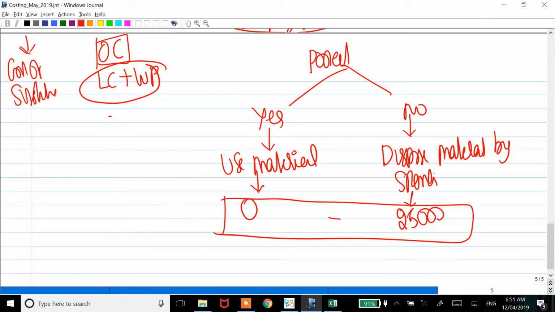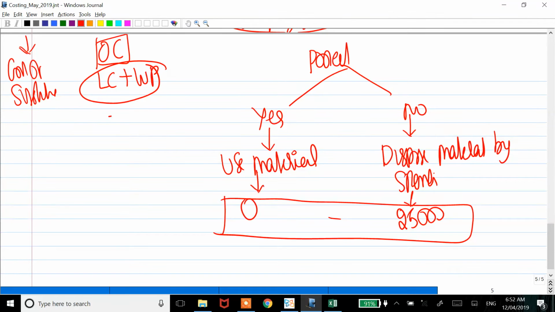If somebody wants to use it, I'll be very happy. If somebody comes and says I want to use this material, I'll pay you 10 rupees, I should be very happy to get 10 rupees, because otherwise I have to incur 25,000 to dispose of that material. So in a yes or no analysis, all outflows are written as positive and all inflows as negative.